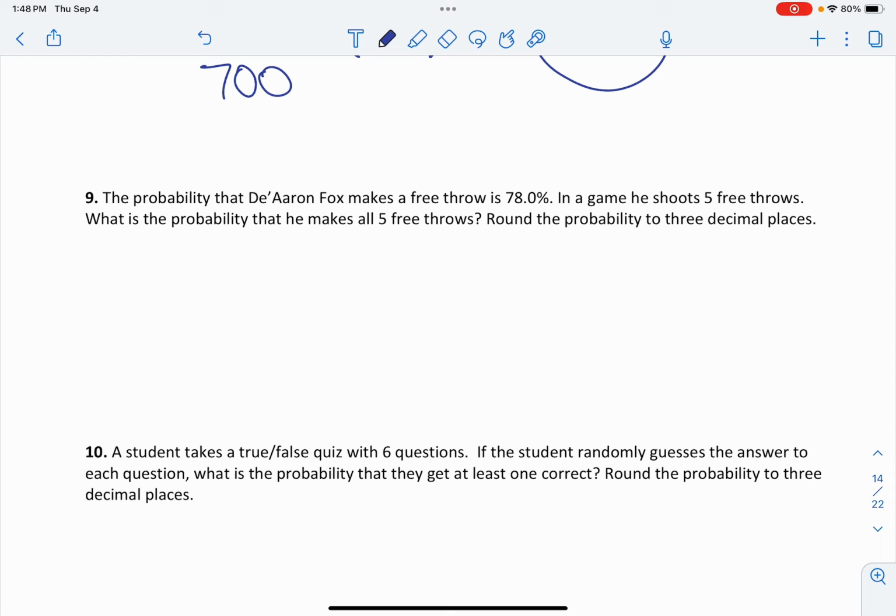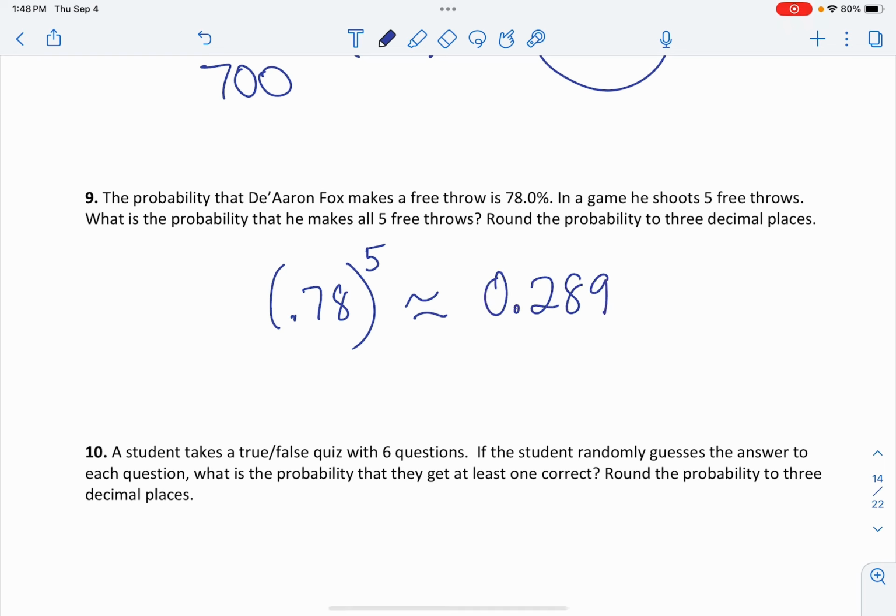I guess there might be a little bit of streaks involved. Maybe you miss one that psychs you out for the next one. Okay, I can kind of see that, but can't really assume that, so we're just going to assume independent events. So that means the probability is 0.78 times itself 5 times, or just 0.78 to the 5th. And so that would be 0.289.